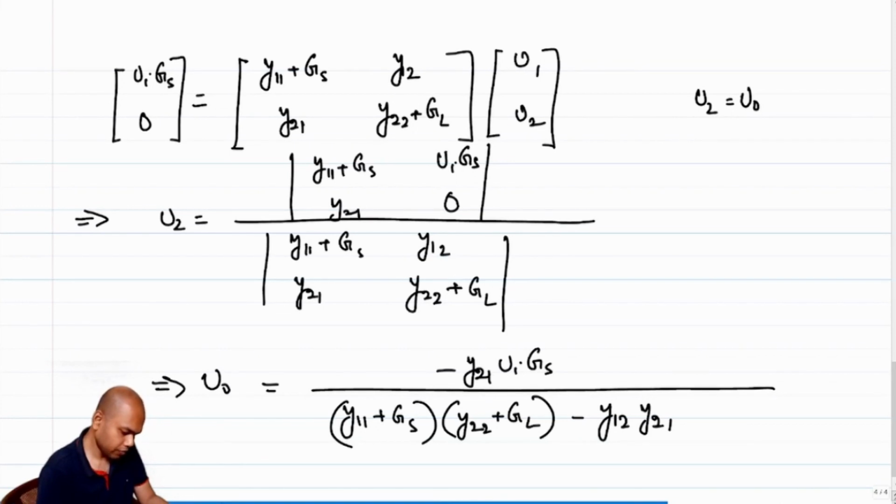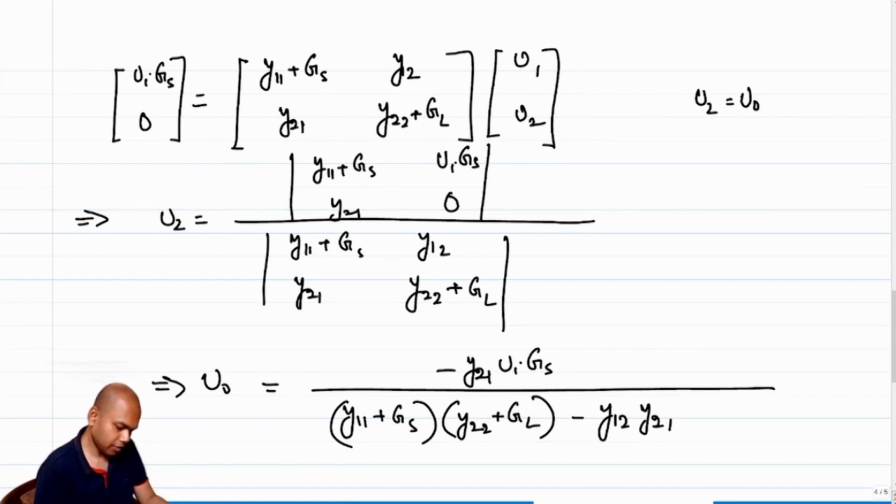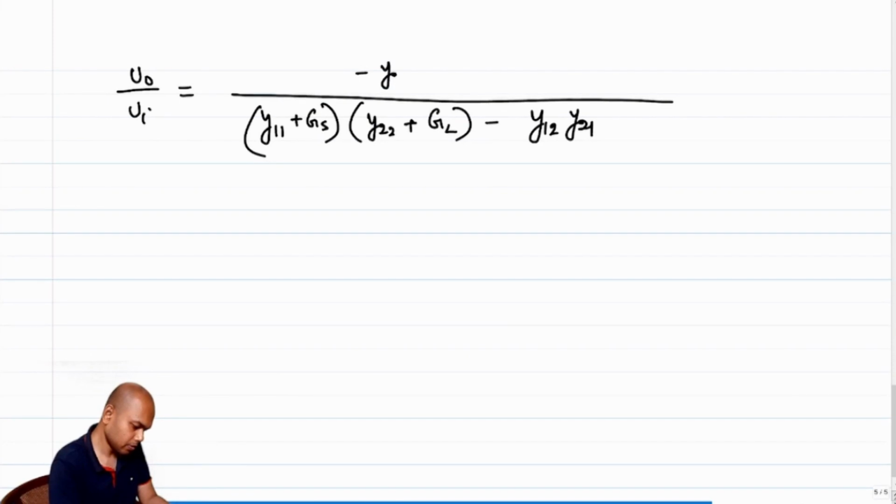In other words, V naught over Vi has the denominator (y11 plus Gs) times (y22 plus GL) minus y12 y21, and in the numerator minus y21 times Gs.